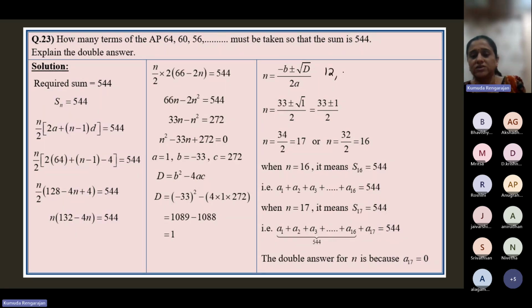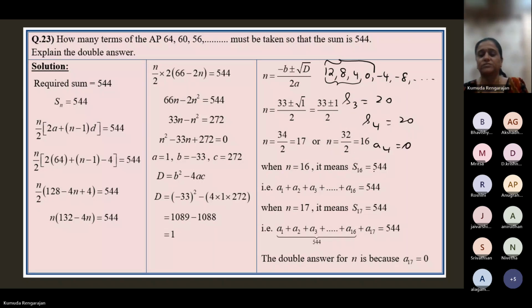We considered this AP, 12, 8, 4, 0, minus 4, minus 8, and so on. The sum of the first three terms equals the sum of the first four terms, because the fourth term is 0.